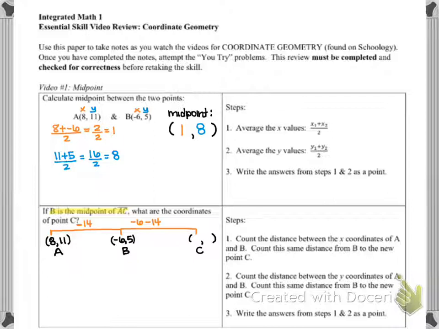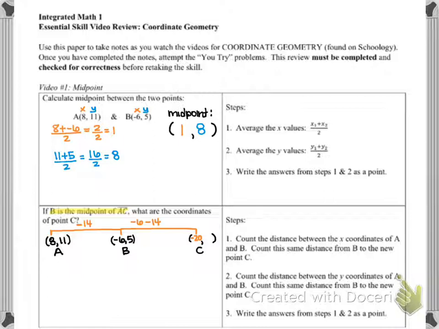If I add those together, that's going to give me negative 20 for my x value. So I'm figuring out the direction that I'm traveling to go from the first x to the second x. That's my positive or my negative. Then I'm figuring out how many spots on the number line I actually had to travel.